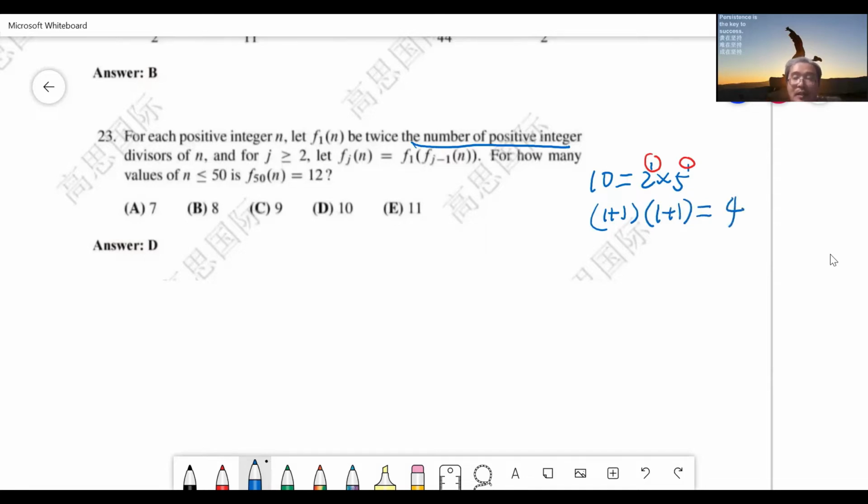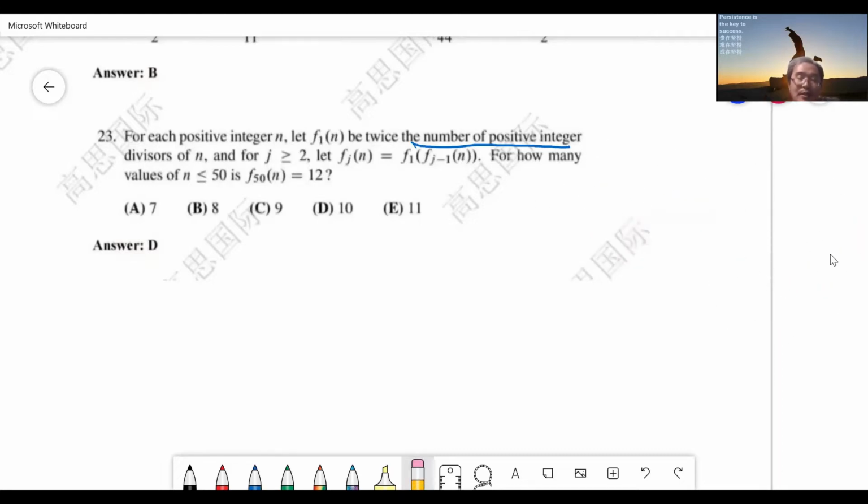Let's look at another example, 48. 48 is 2 to the power 4 times 3 to the power 1. That gives us 4 plus 1 times 1 plus 1, so it has 10 factors. This is how we find the number of factors.